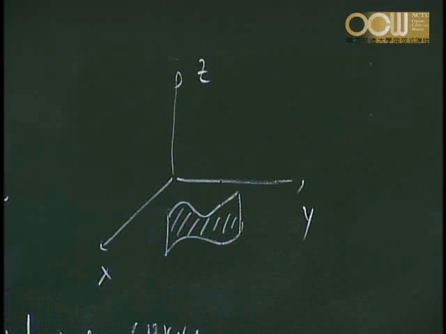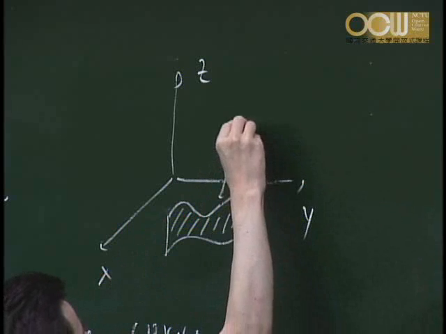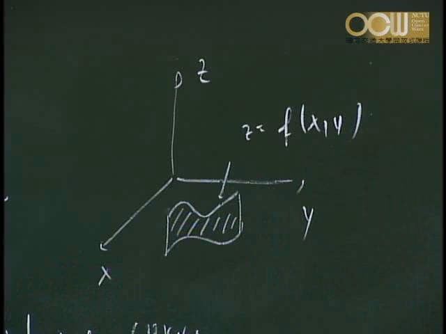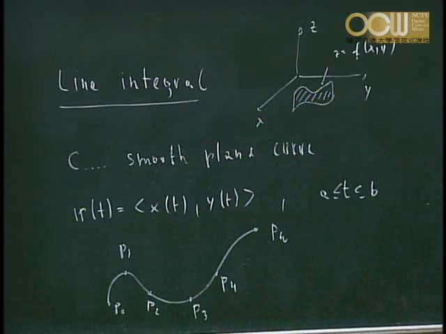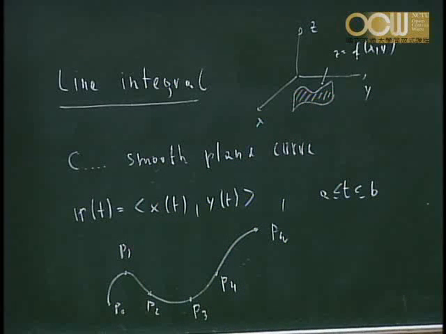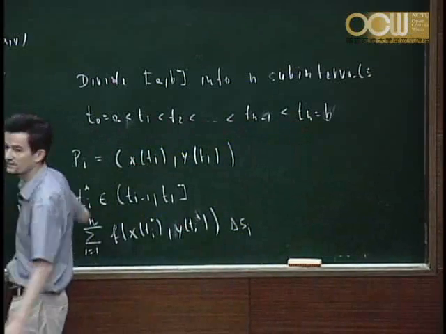And what we are interested in, from a mathematical point of view, is computing the area below the function f. So this here is some function z is equal to f of x, y. We are interested in computing the area below the function f and above the curve given by C. If we do this, then an approximation for this area here would be this sum. So it's natural to consider the limit, and the limit will be this area. Or in other words, we will define the area as the limit.